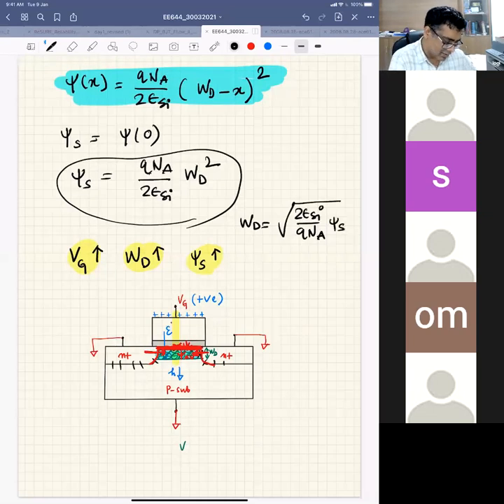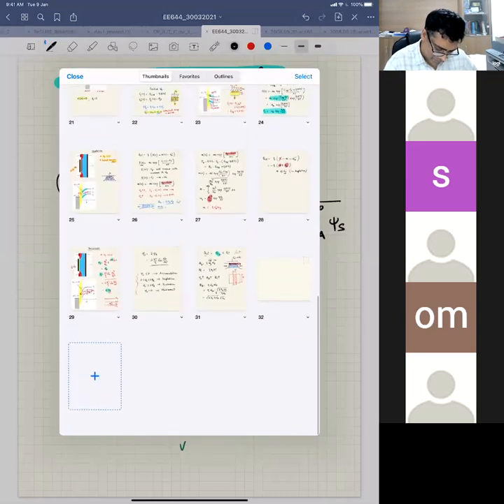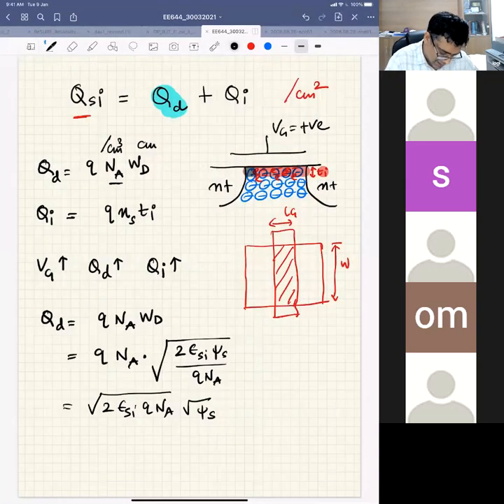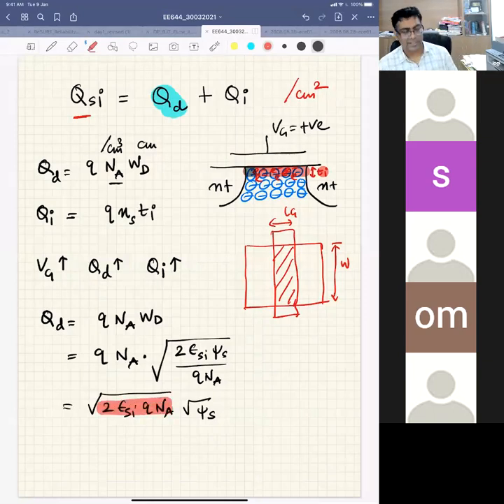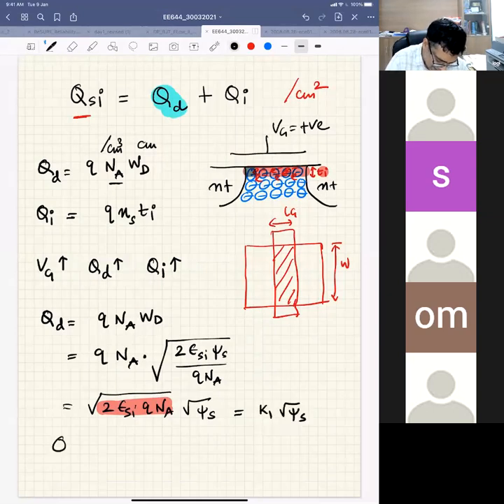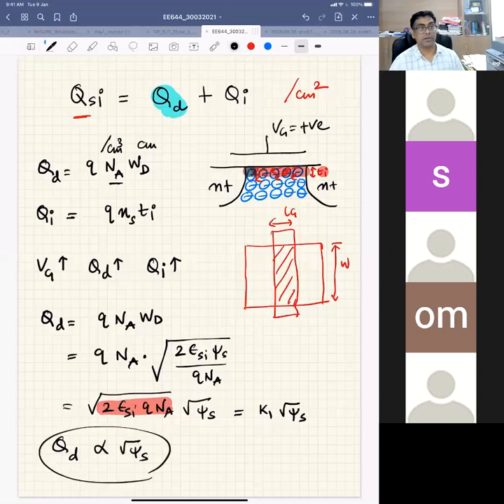This prefactor is a constant, because epsilon and Q are constant and the doping is already fixed. So it is some constant K1 times root over psi s. So the depletion charge is proportional to root over psi s.